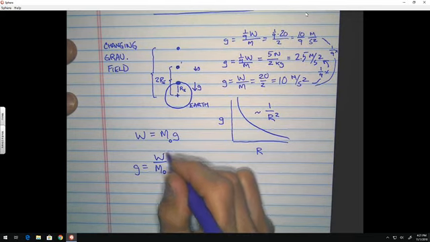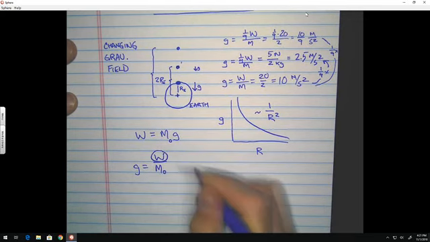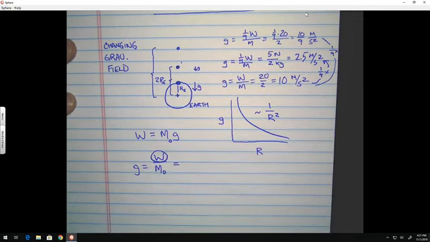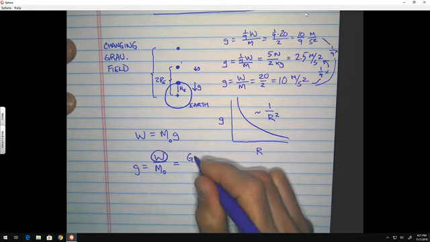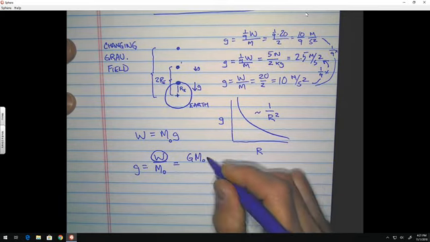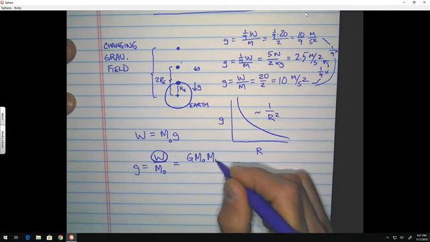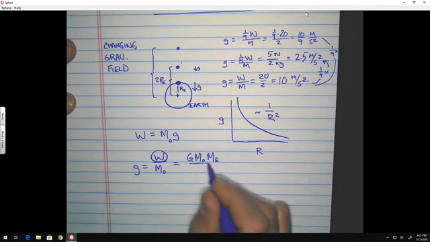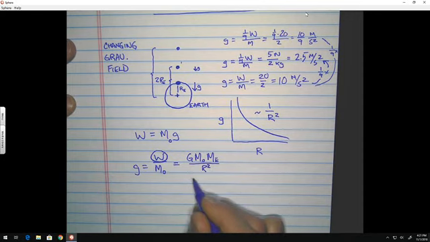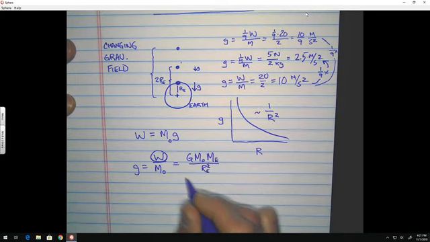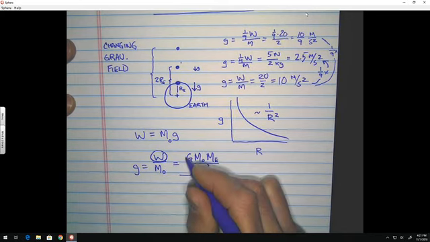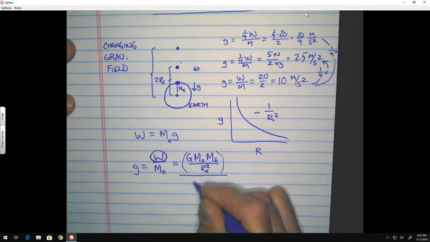But now what I'm going to do is, instead of writing weight, I'm going to substitute the law of universal gravitation. And so I'm going to write G times the mass of the object times the mass of the Earth divided by r squared, where r might be the radius of the Earth, all over the mass of the object.